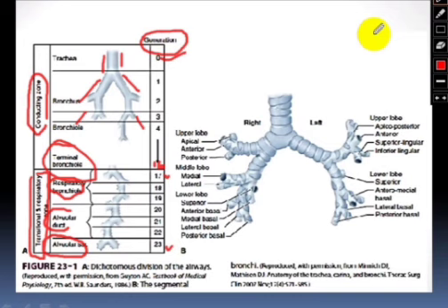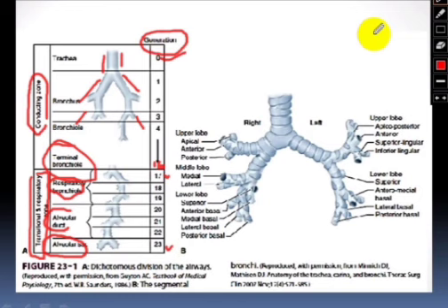Look. Over here is the bronchus. We have right and left. This is the trachea, right? This structure you see here from here down to here, the trachea.